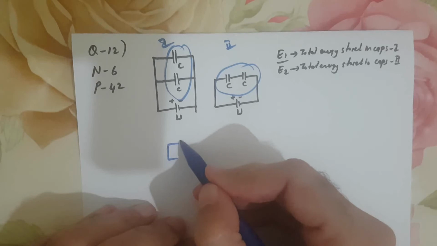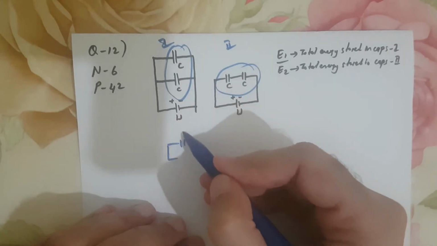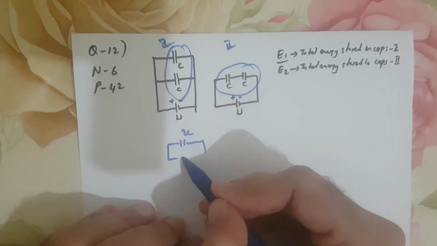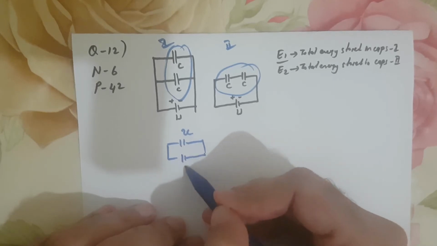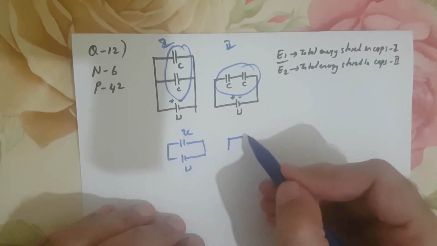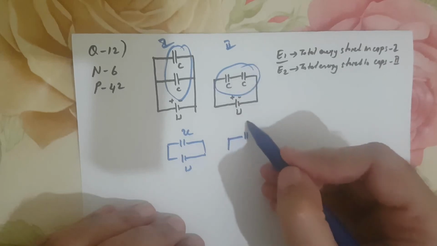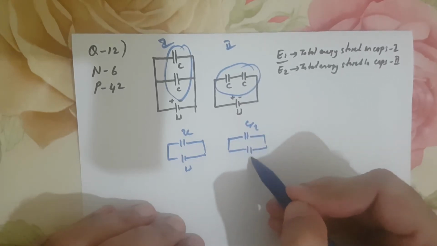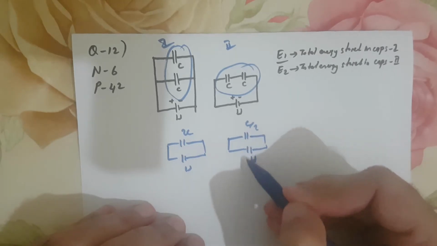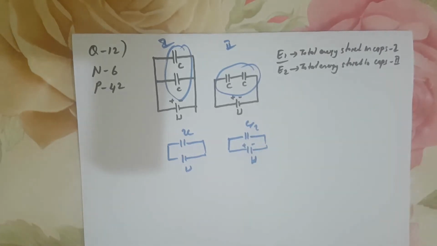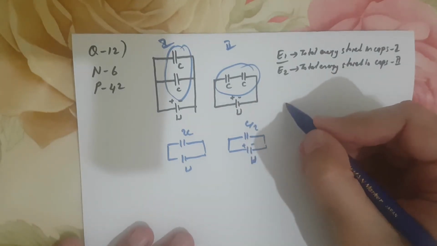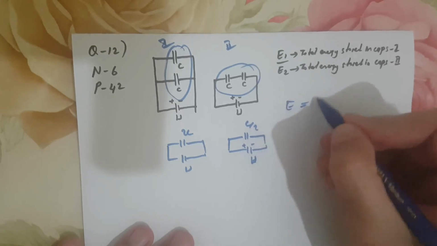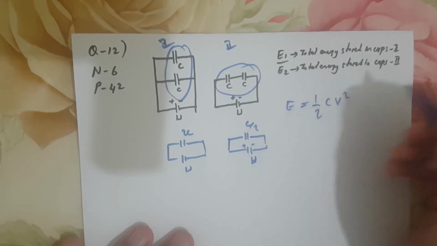It becomes 2C, and then here becomes C over 2, becomes 1 over C plus 1 over C. Okay, and then which formula is useful for us? You know the C and then U, so the energy is equal to 1 over 2 times CV squared.